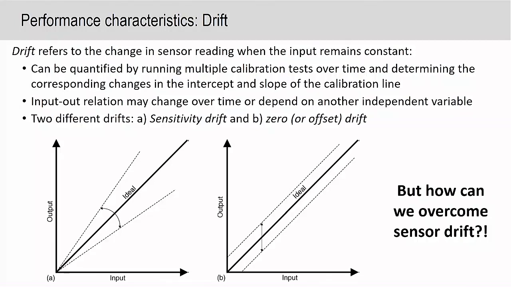So in this case, there's sensitivity drift and offset drift. You can see examples of them on the screen here. Sensitivity drift only drifts in the slope of its line. Offset can drift up and down. You can also, of course, have both in sensors. So it's quite a challenge to overcome this with some devices.